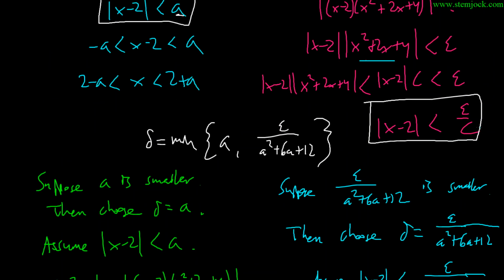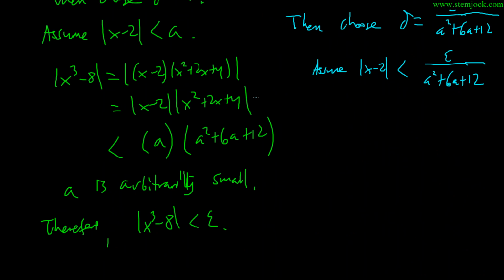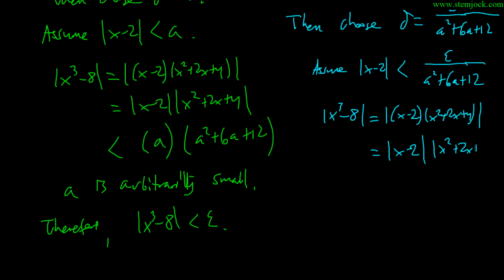And now I want to show that the consequent is true. So I start with the left side, and this is going to be the absolute value of x cubed minus 8. Factor it, that's going to be x minus 2 times x squared plus 2x plus 4. Split up the absolute value sign. So this is the absolute value of x minus 2 times the absolute value of x squared plus 2x plus 4. What is this less than?